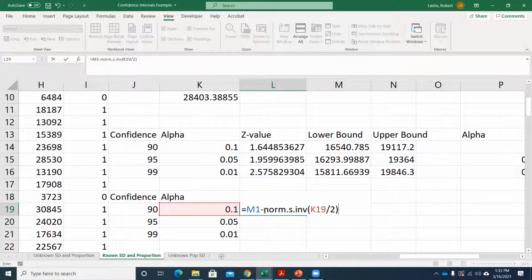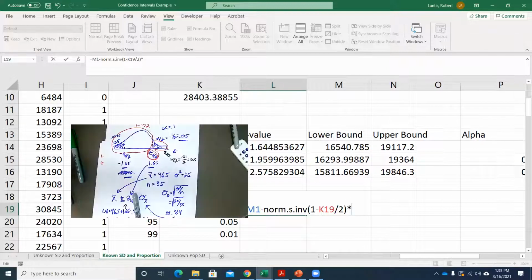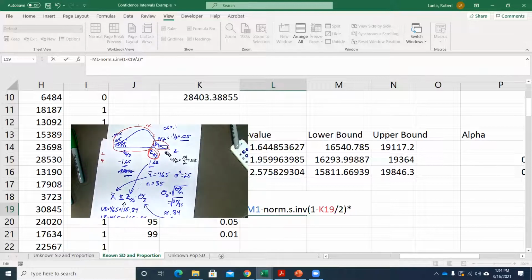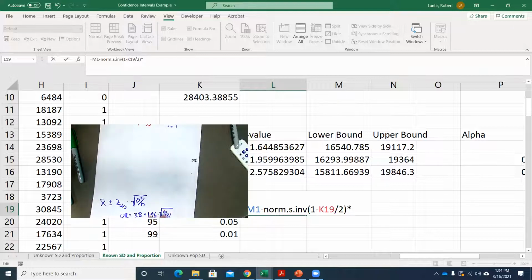So I would need to either use that ABS function to take the absolute value, or I could do, we said, 1 minus alpha over 2. Okay? It's just two different ways of doing the same thing. I then need to multiply by the standard deviation of my sample means. Well, before I calculated the intermediate step, I could have just plugged this into my formula and had it in this format, right?